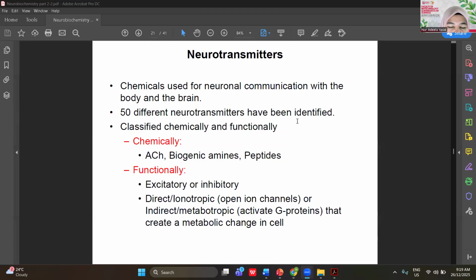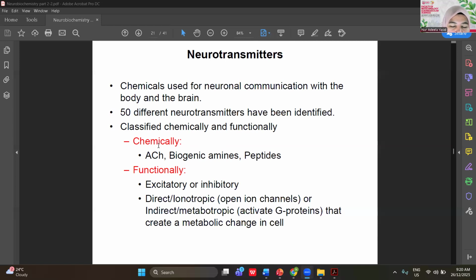Neurotransmitters can be categorized in two primary ways: chemical classification and functional classification. Based on their chemical structures, acetylcholine, biogenic amines, and peptides are examples of neurotransmitters.